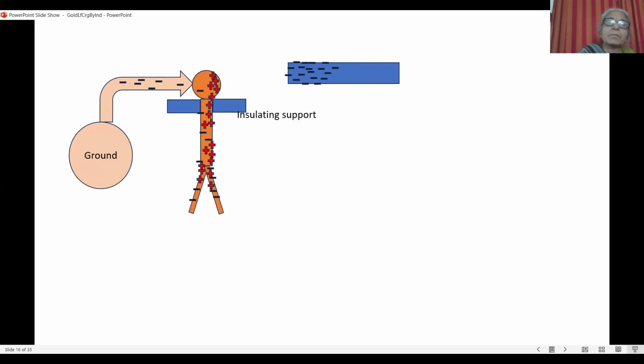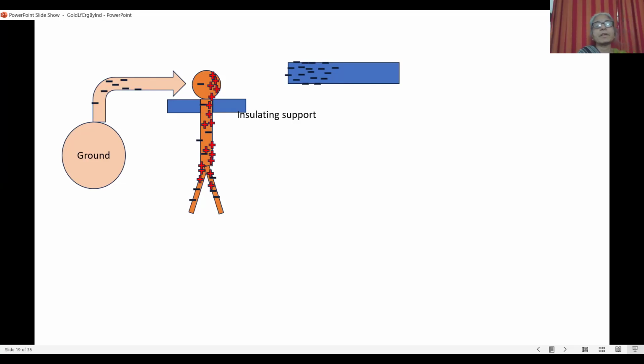They go to the ground. And now if I remove my finger, the path is broken. Now the electroscope is left with positive charges. So the electroscope has become charged, even though the incoming negatively charged rod never touched it.